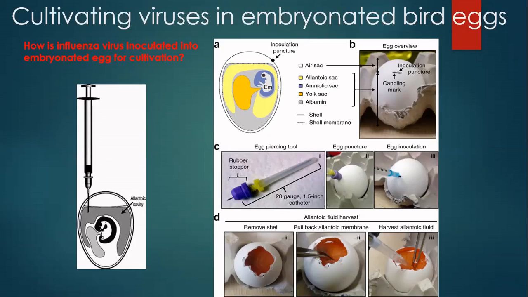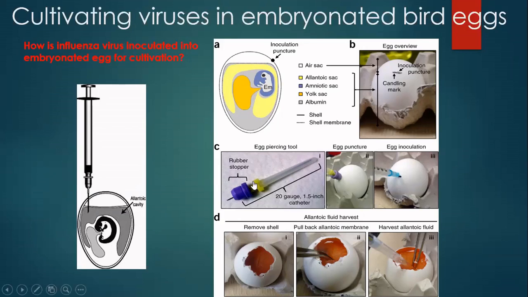For that, as said earlier, we have to place the egg in front of a light source to find out where the veins are, where the allantoic cavity is, and so on. The allantoic cavity is present just below the air space. You can see there's an air space here, and here is the allantoic cavity.